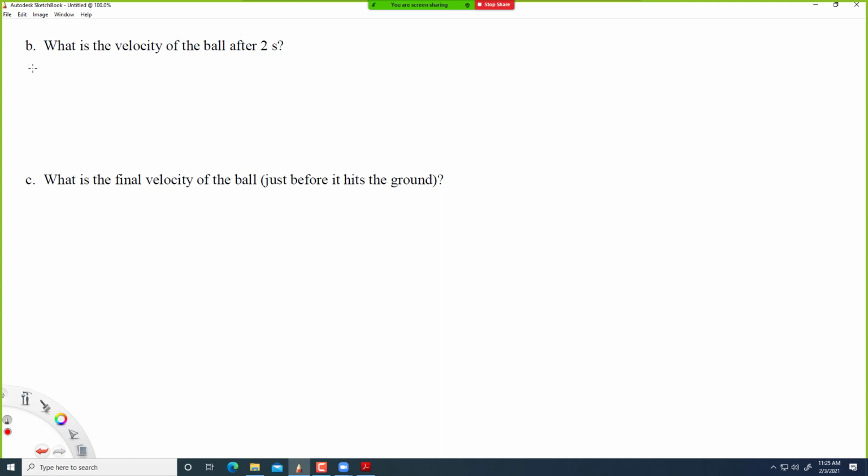so we have this formula: V final is equal to V initial plus at. We can plug in the V initial, 6 meters per second. Let me make it a little bit darker.